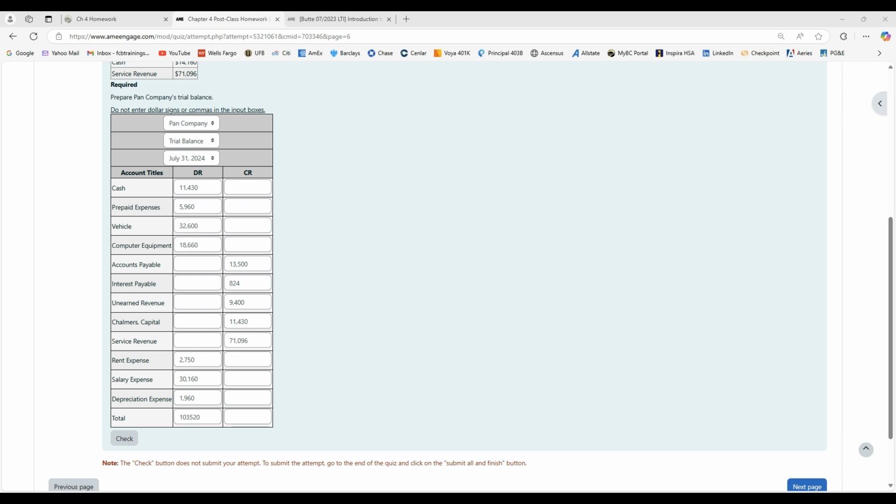Let's add up all our credits and make sure that is the same. Unless I added something wrong. I got 106,13,5,824,9,400,430. And again, this is part of the check figure part.